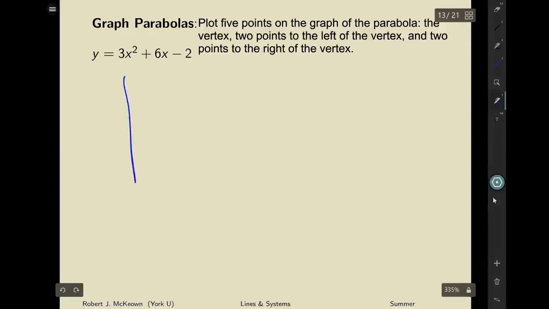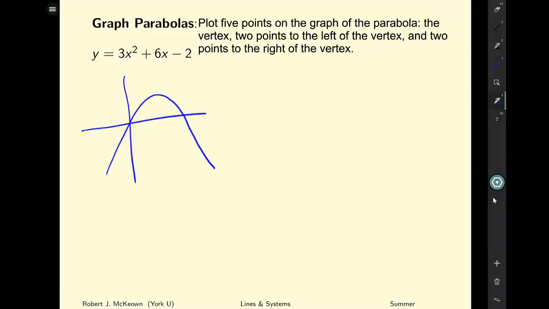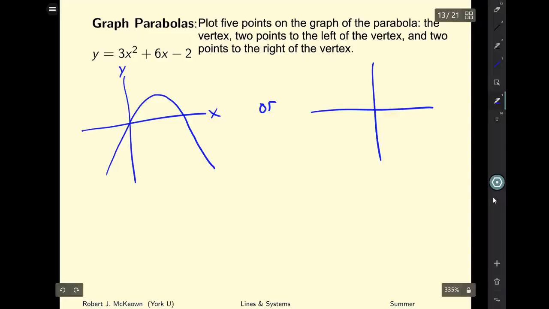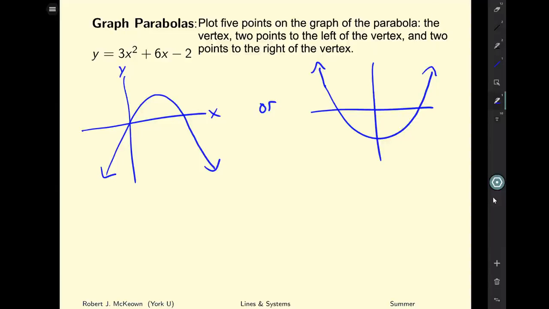So a parabola looks something like this. Or maybe like this. All right, and it just keeps going off in that direction. This form here would be something like y is equal to -2x squared plus 4x plus 4, something like that.